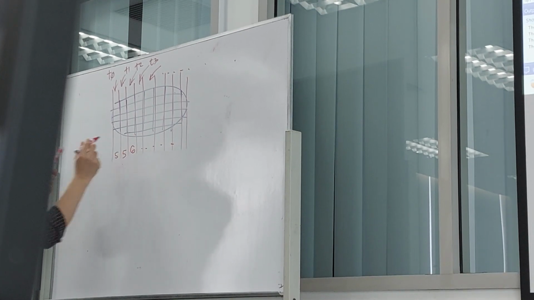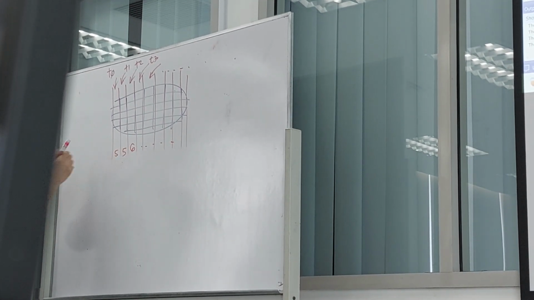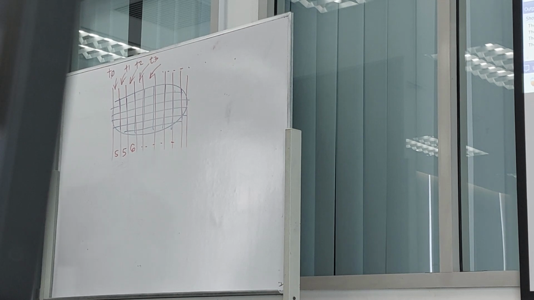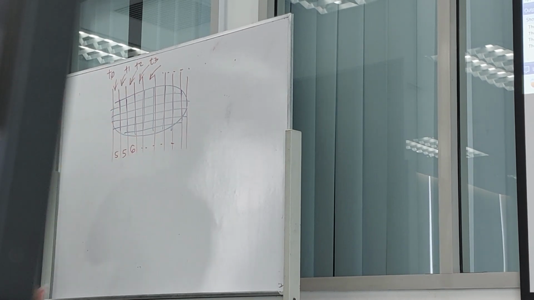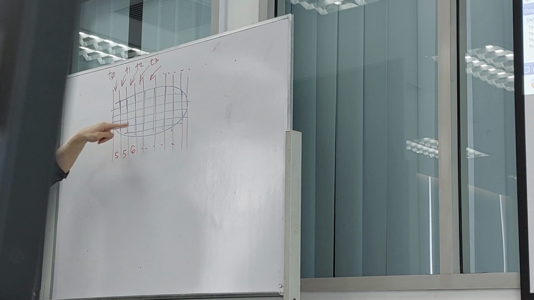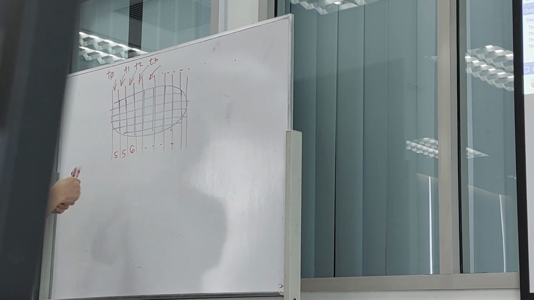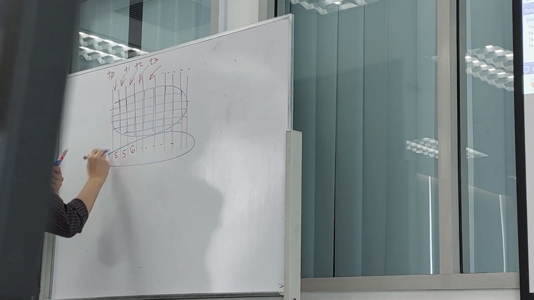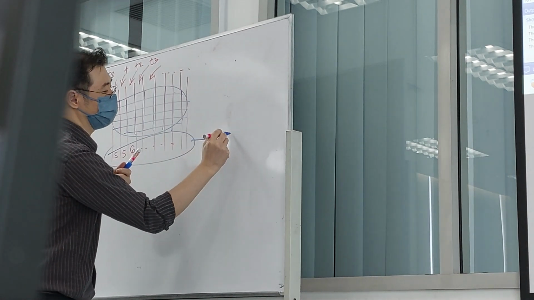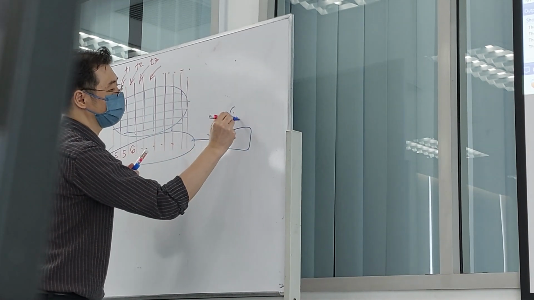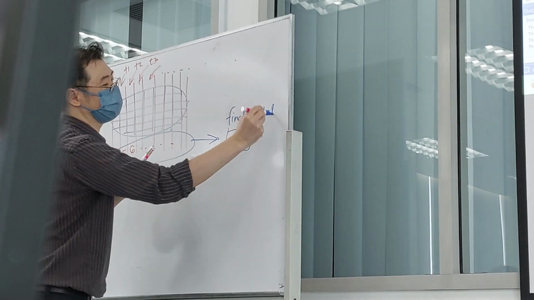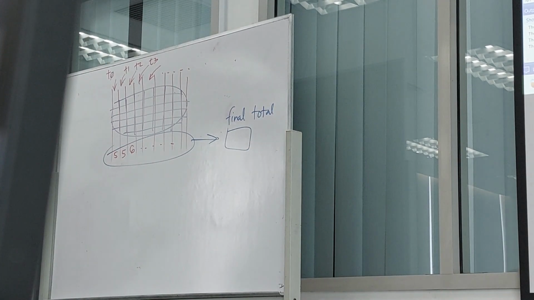One good thing about this, compared to a single thread, is that everybody is counting at the same time, and they have less to do, right? They each have a subtotal, and then you sum them up together to get the final total. Then you'll be faster.